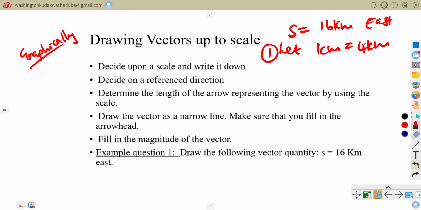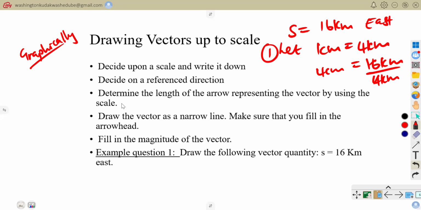So if I say 1 centimeter represents 4 kilometers, I can know the total length, and that total length can be a whole number. So how many centimeters would be equal to 16 kilometers? You divide 16 kilometers by 4 kilometers, so 4 into 16 would be equivalent to 4 centimeters. So you've got your scale.